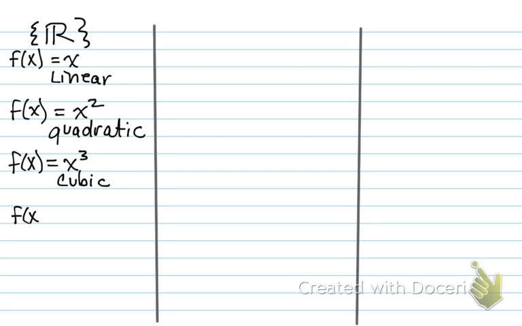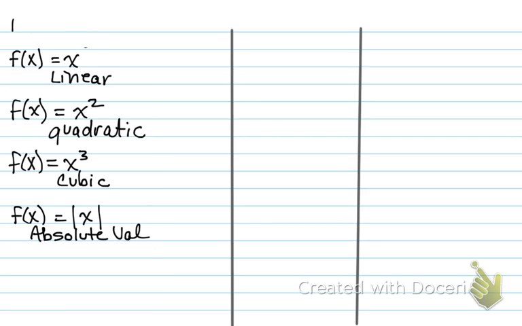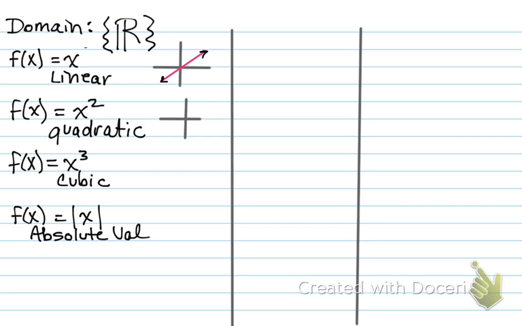You see these functions that are being listed: the quadratic, the cubic function, the absolute value function. All of these functions will have a domain that is the set of all real numbers. Okay, and just real quickly off to the side here, just a brief sketch of those functions.